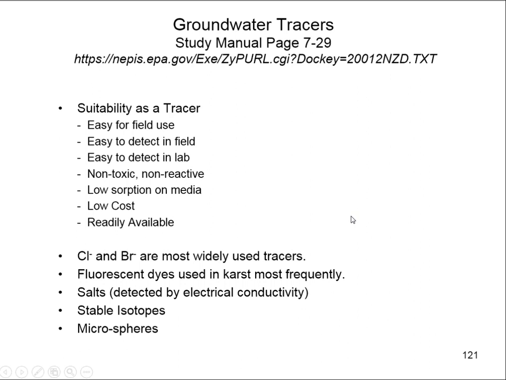But for your particular needs, if you're working in karst, often they use fluorescent dyes like rhodamine or eosine or something like that. Sometimes salts are used. I would be careful about that, particularly in a drinking water aquifer, but you could use your electrical conductivity methods to measure that.